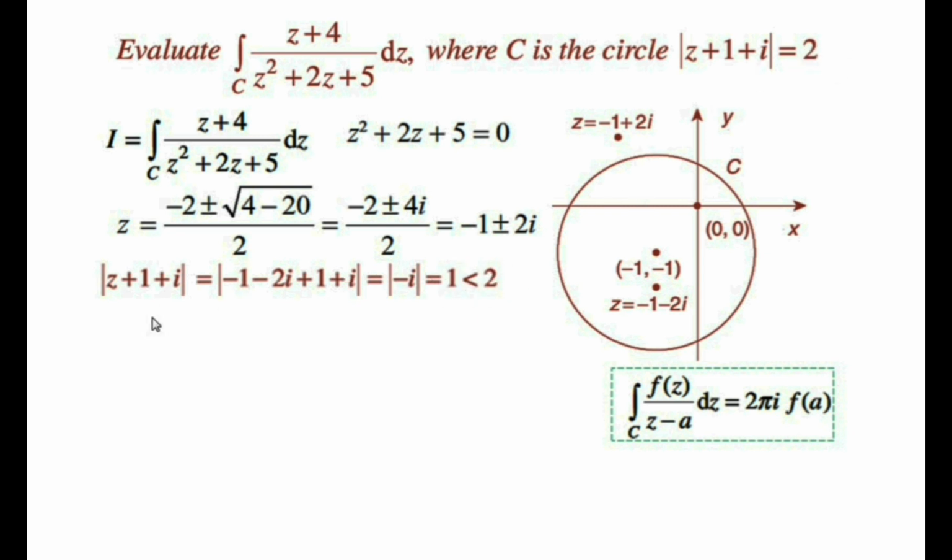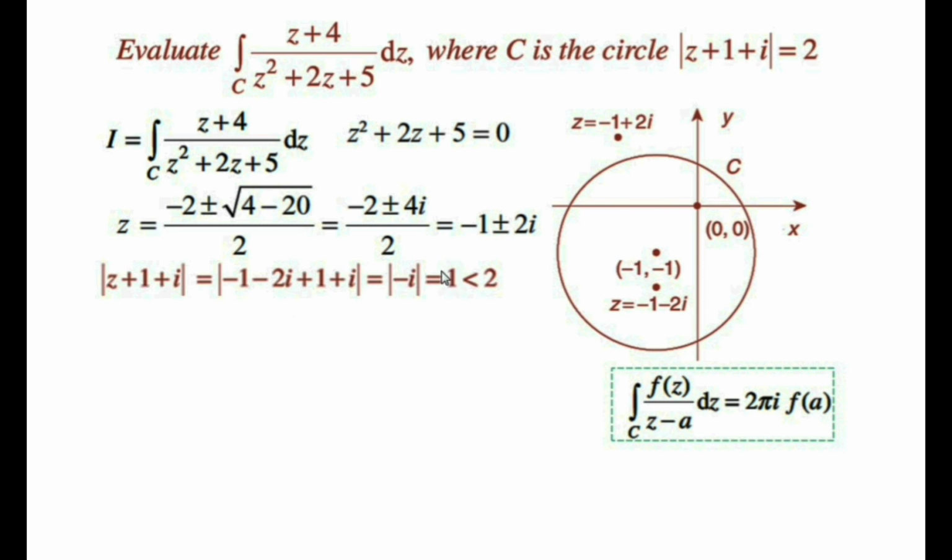If the result is less than 2, the point lies inside C. In case the resultant radius is more than 2, the point lies outside the closed curve C. So the modulus of z plus 1 plus i is the modulus of -1 minus 2i plus 1 plus i.